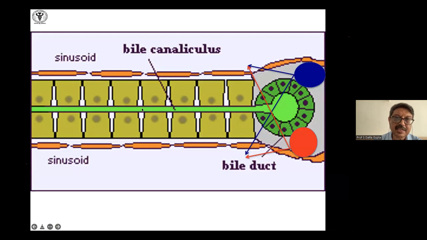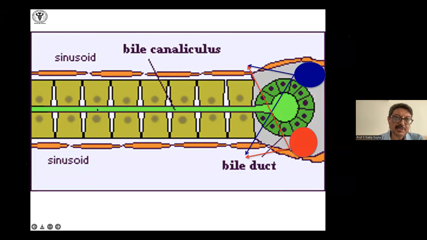On the other side, between two hepatocytes, they actually cup together to form a canaliculus. There is no lining as such here. There are two hepatocytes, and they form the bile canaliculus. In fact, it is very peculiar. It's almost like the kidney, where you have a countercurrent mechanism.